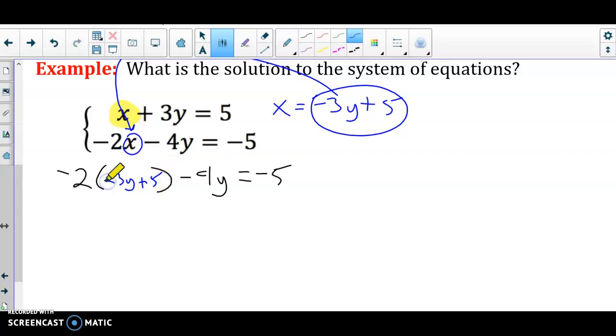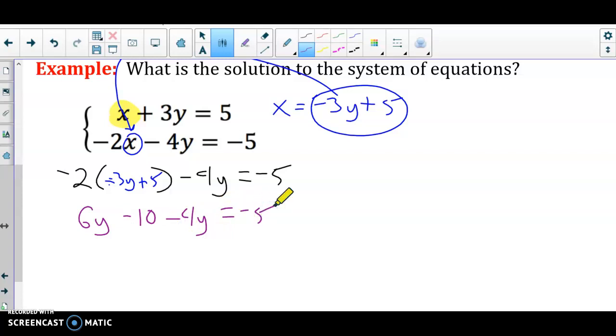And now what I need to do is I actually need to distribute this. So I'm going to be looking at negative 2 times negative 3y is 6y. Negative 2 times 5 is negative 10. Whoops. Negative 10. And then minus 4y equals a negative 5.